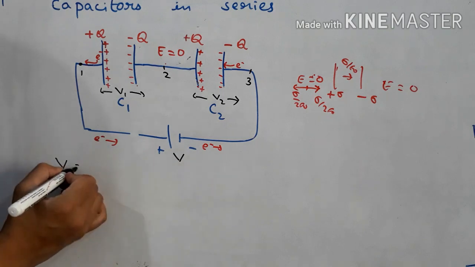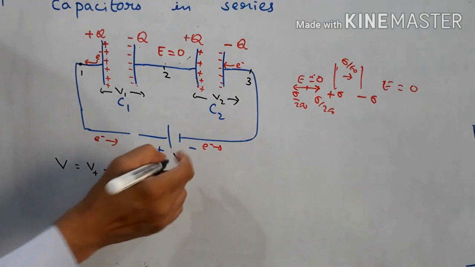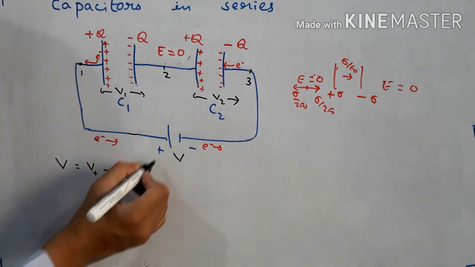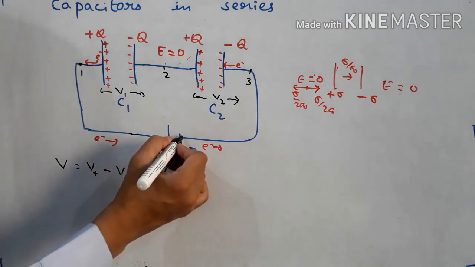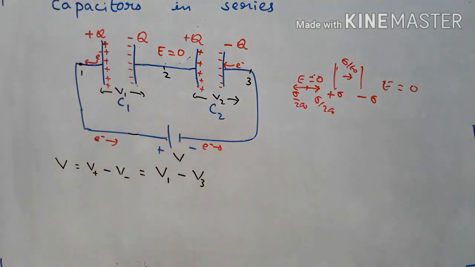What is V? V is V plus minus V minus, difference of these two potentials. But since this point is connected to point 1, I can write V plus as same as V1. Likewise, V minus, potential of this point must be same as potential of this point. Now this I'll modify a bit.